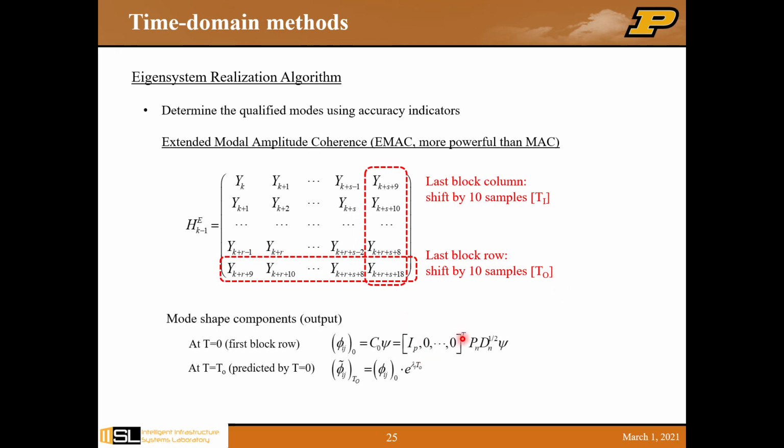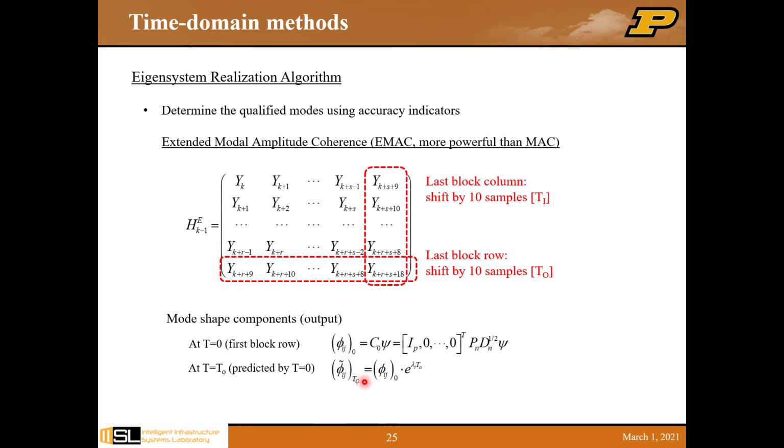Let's first obtain the accuracy indicator based on the output, which corresponds to the mode shape components. First, let's obtain the initial time history, the initial mode shape response, which corresponds to the first block row here.